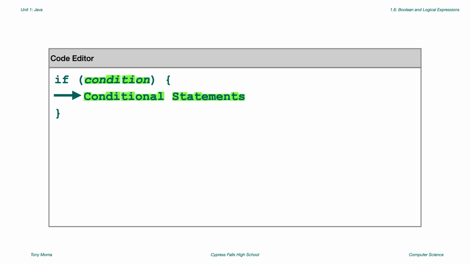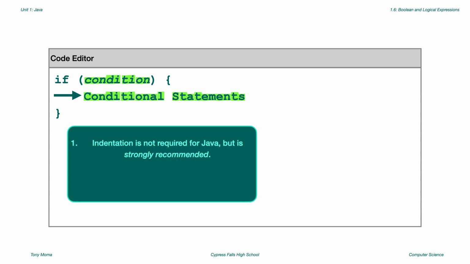Before we move forward, it must be noted that, unlike Python, indentation is not required for Java, but it is strongly recommended. Programs that don't use indentation are not only harder to read, but they're harder to correct.